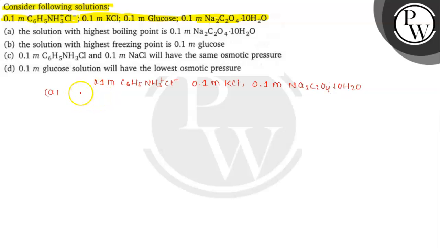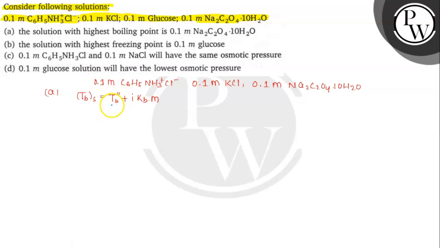So we know that the boiling point of solution is the boiling point of pure solvent plus i into Kb into molality. So this is the formula. Now if we put the values, then we can easily find out which has the highest boiling point or the lowest boiling point.